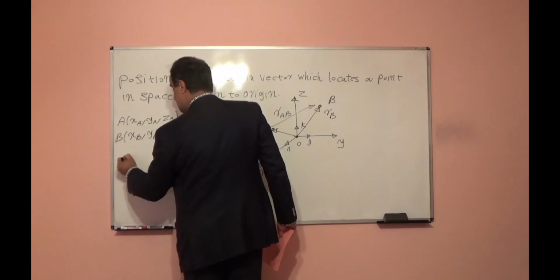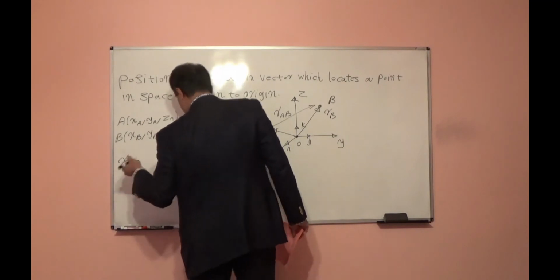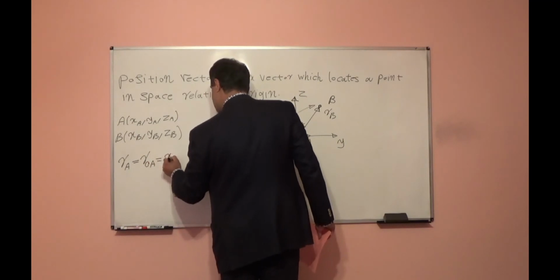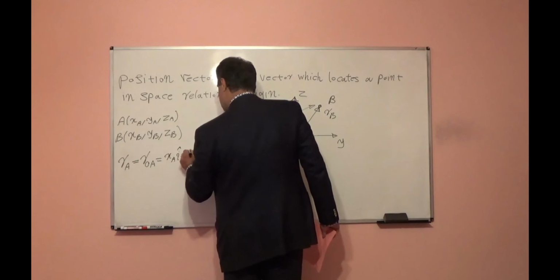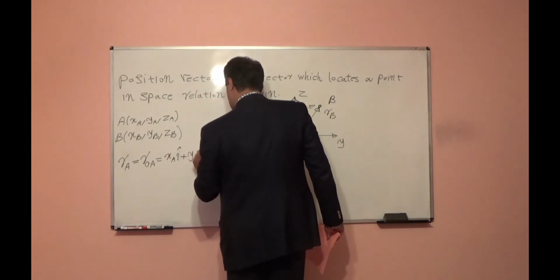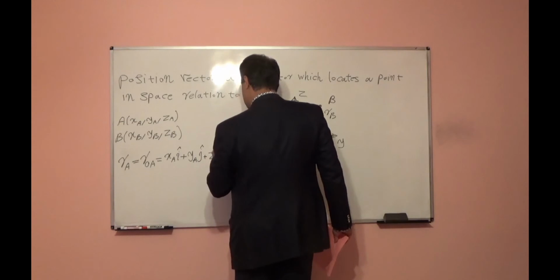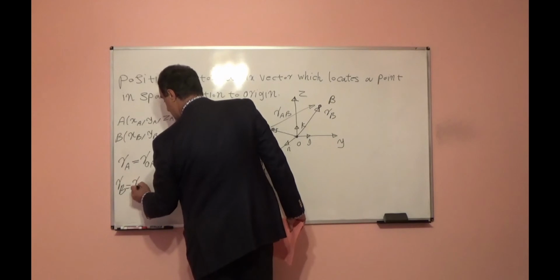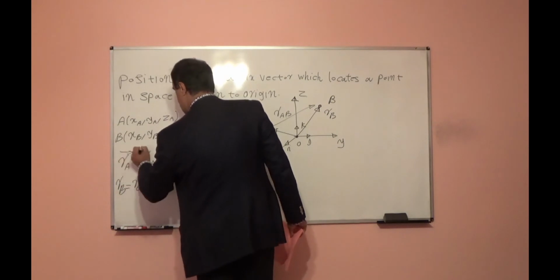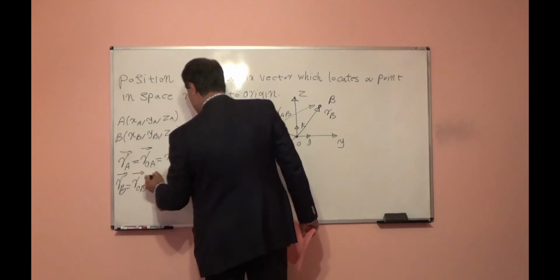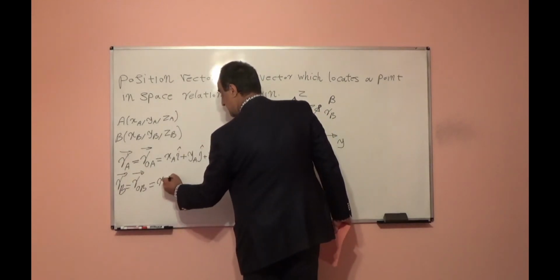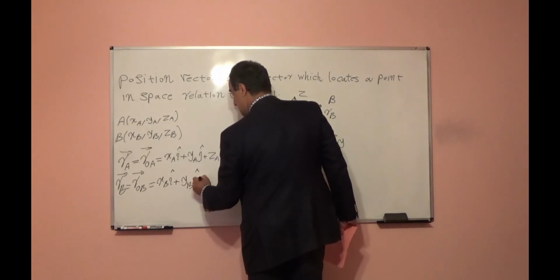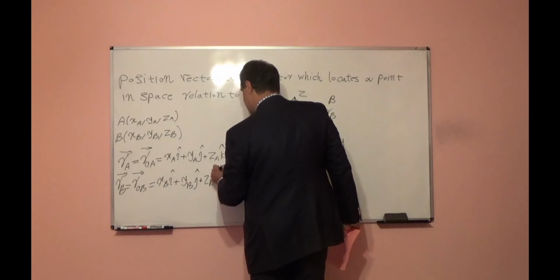In that case, rA, or sometimes they show it as rOA, will be xa i plus ya j plus za k. rB, position vector for point B, or rOB, will be xb i plus yb j plus zb k.